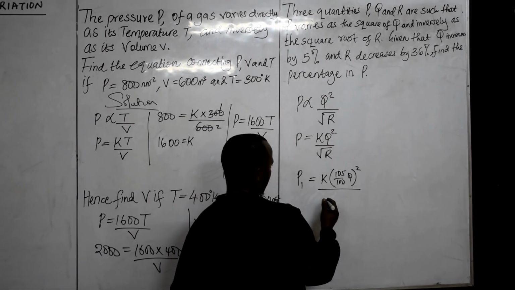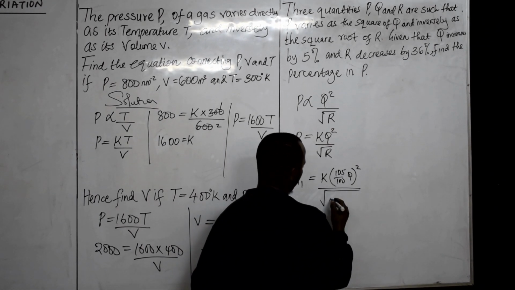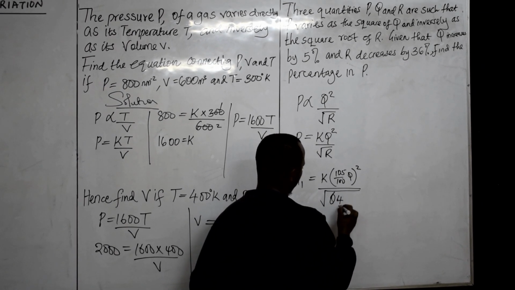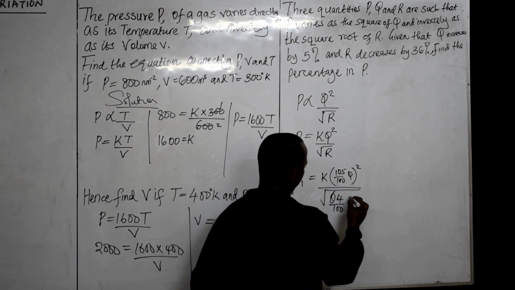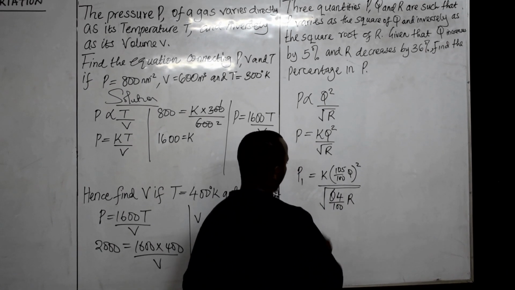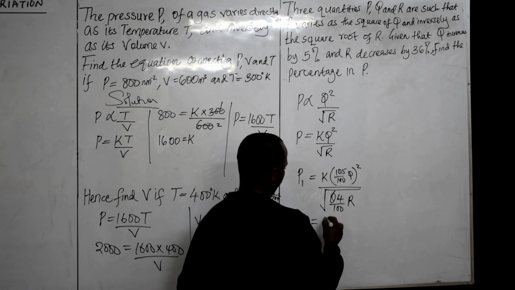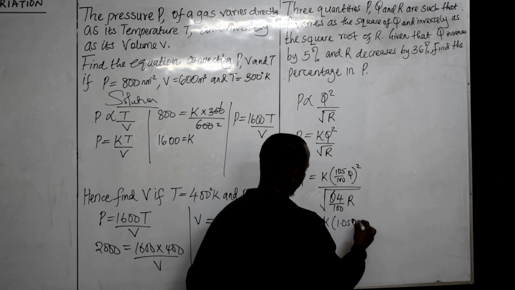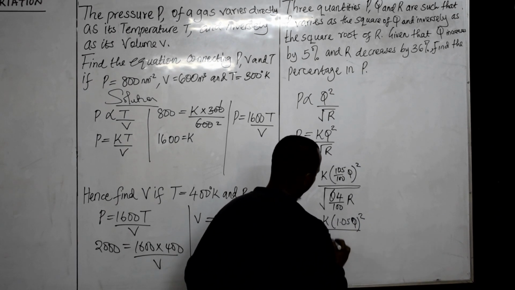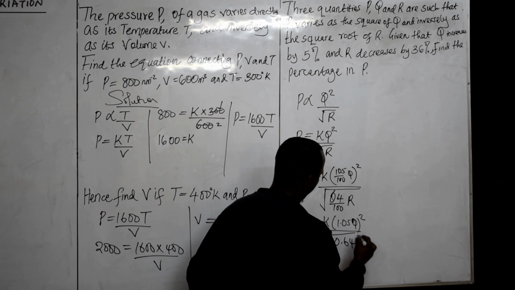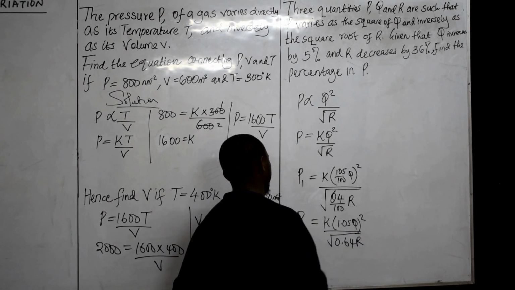So if R is decreasing by 36, then it remains 64 over 100 R as a square root. So this can be written as K into 1.05 Q squared over the root of 0.64 R. This is the new P.